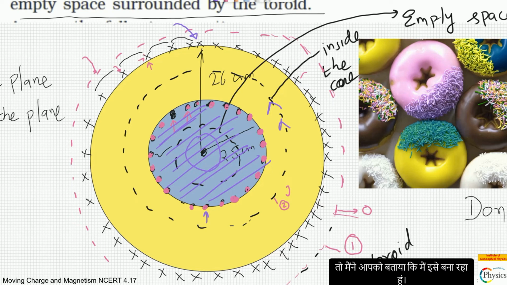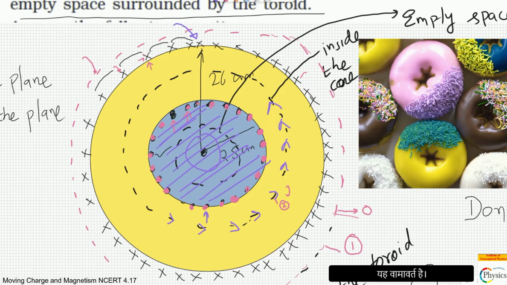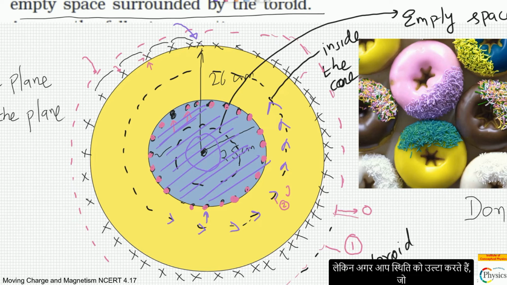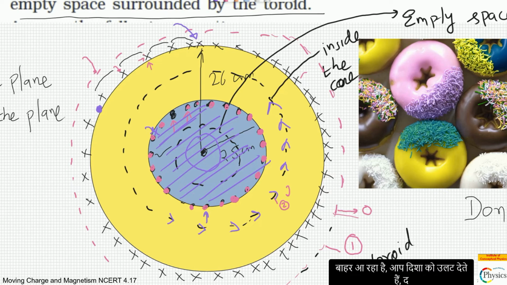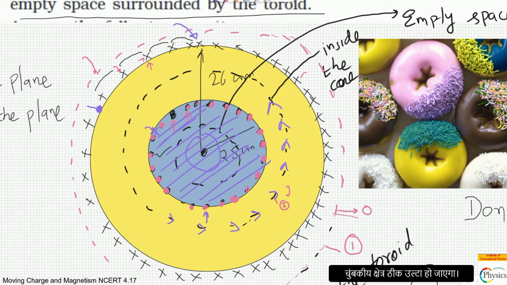But if you reverse the direction of the current, so this is going out and this is going inside, the magnetic field will become just the reverse, clockwise.